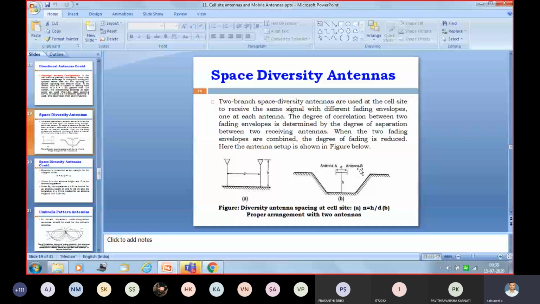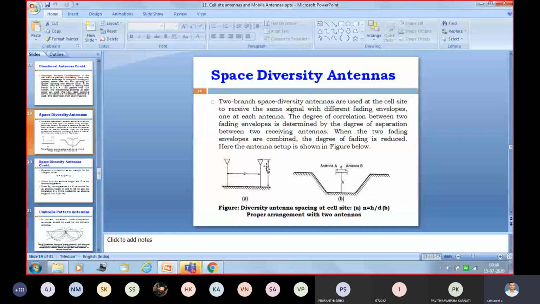See this one, 2 receiving antennas. The separation distance between the 2 receiving antennas is D. The height of the antennas is H. What is the use of this space diversity antenna? It is used for comparing the received signal, to check whether it is corrupted or not.